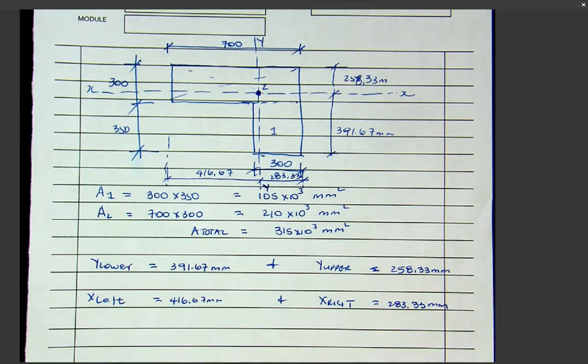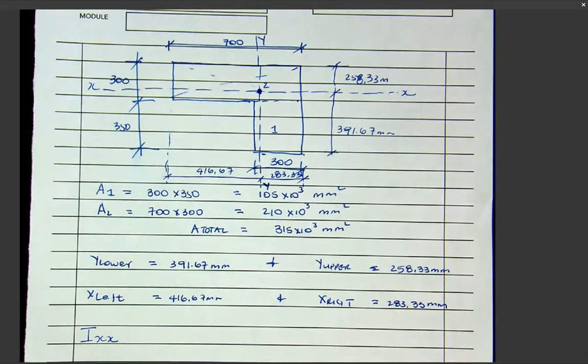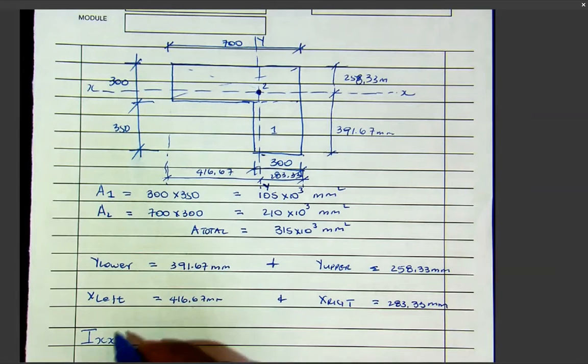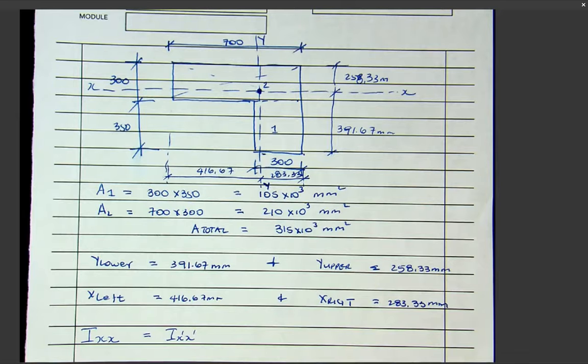Let's start off by calculating Ixx. I think from the section properties that I emailed you, you will see this formula that I'm going to write here. Ixx is equal to Ixx, I'm going to say prime. What is Ixx?